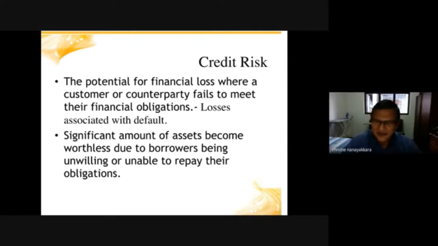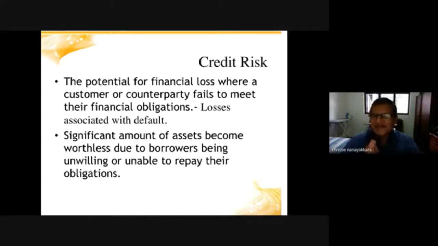When a non-performing facility occurs, you either lose interest or you lose capital. So a significant amount of assets become worthless. That means in your balance sheet, part of your loans and advances become NPA due to the customer being unwilling or unable to pay, which also amounts to credit risk.